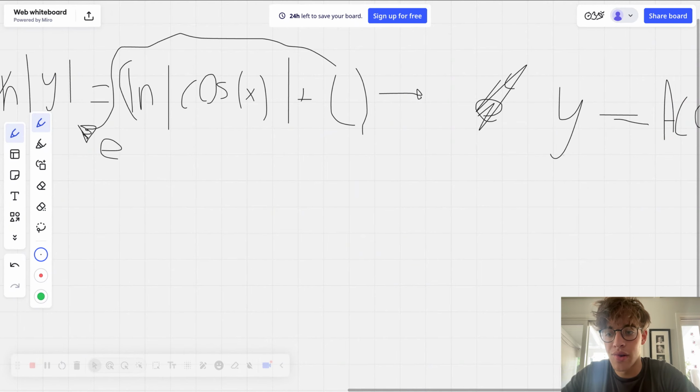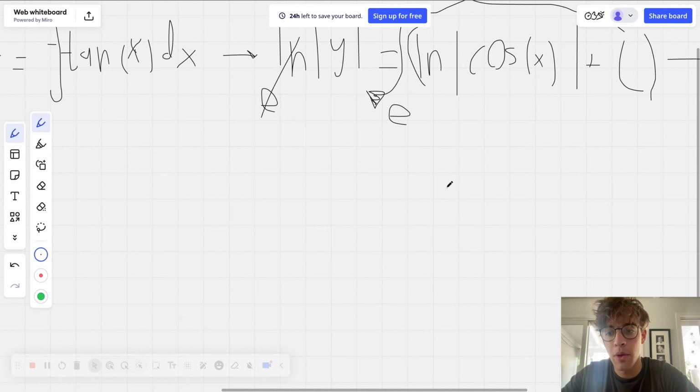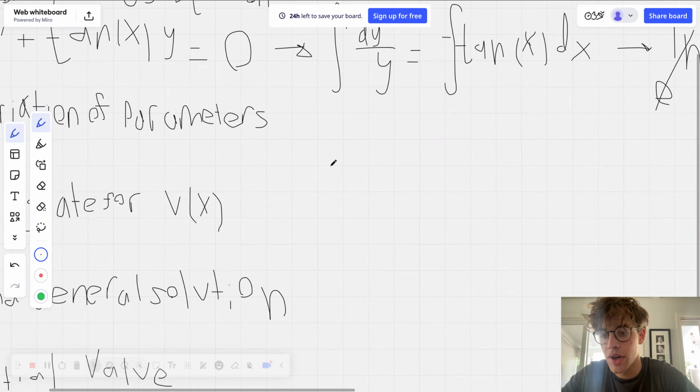All right, so now we do the step 2, variation of parameters.